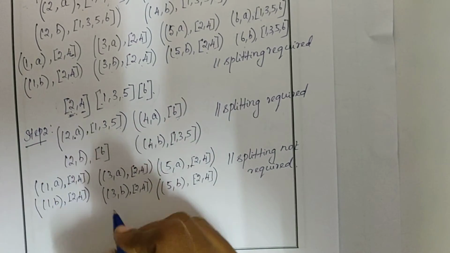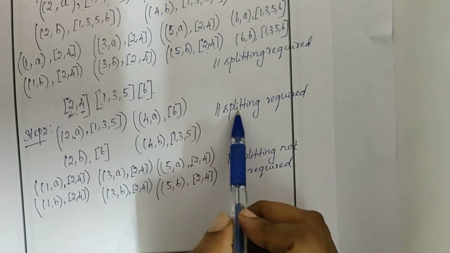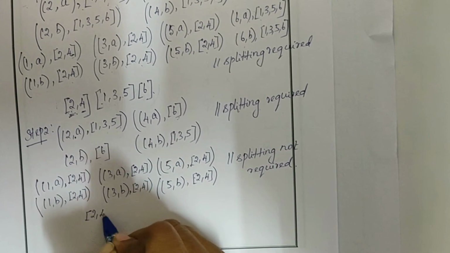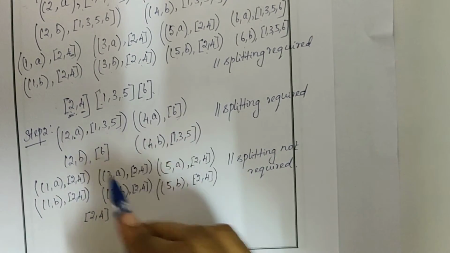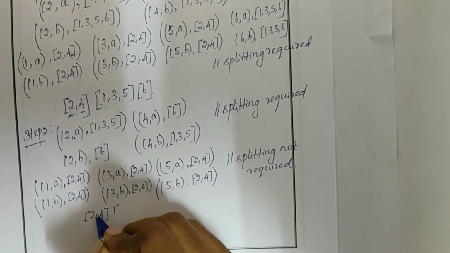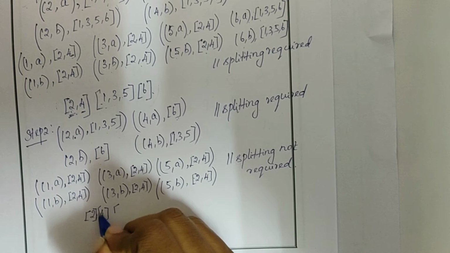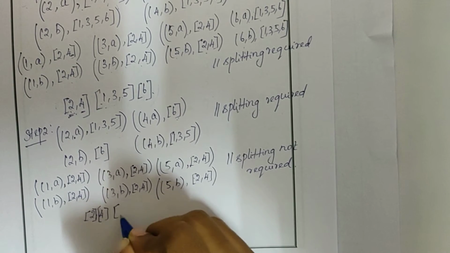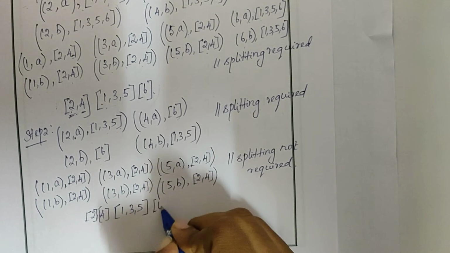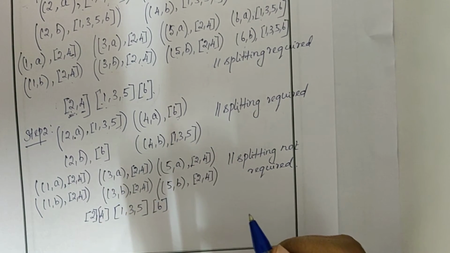And now I'll do the splitting. For this 2 comma 4, I have written the command as splitting required, so I'll split it. For this 1 3 5, I have written the command as no need to split. Sorry, I have to split. Right? So no need to split. And this 6 is already split.